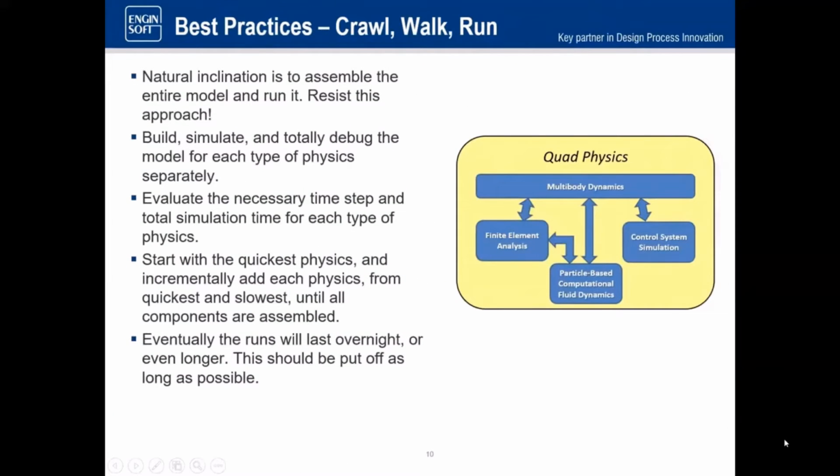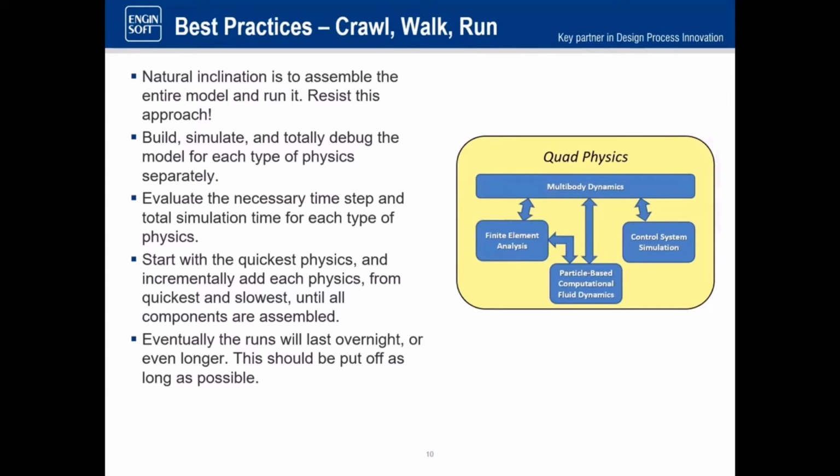Okay, so when you're ready to put together your first model, just remember the old adage that you want to crawl, walk, and run with these models. That's true with multibody models as well. In this case, what crawl, walk, and run means is that you need to fight off the urge to just assemble the entire model all at once and run it.